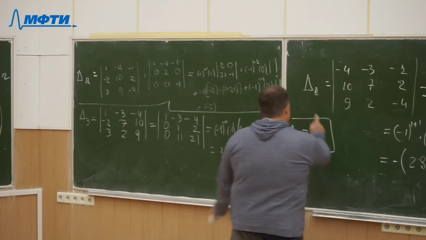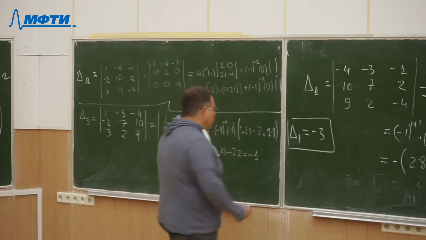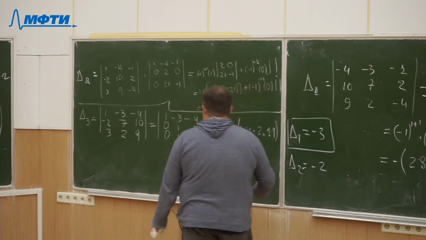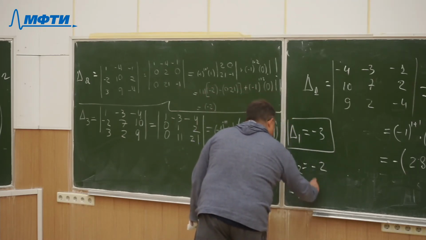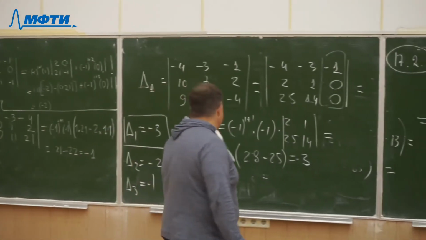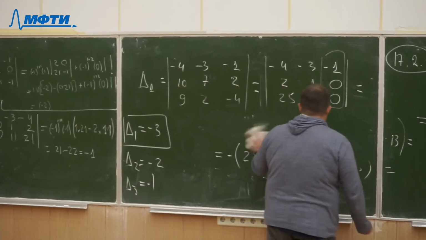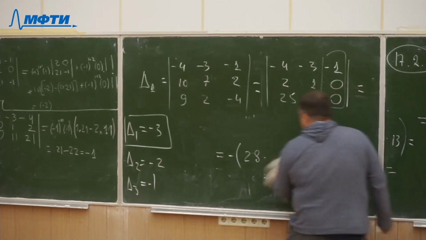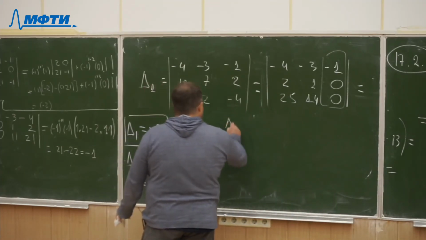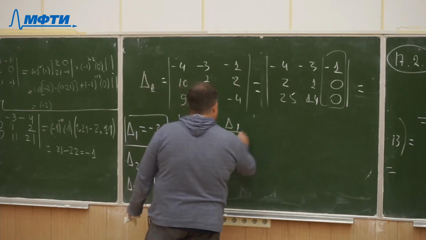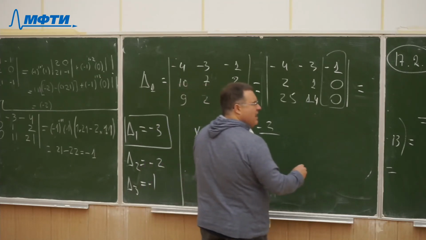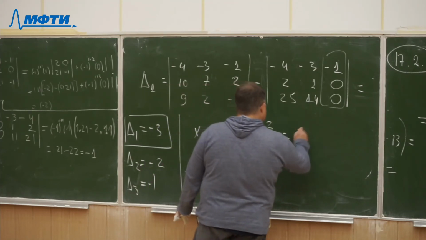We have delta sub 1 equals minus 3, delta sub 2 equals minus 2, delta sub 3 equals minus 1, and delta equals minus 1. Yes? So we can obtain the solution of this system of linear equations. X sub 1 equals delta sub 1 divided by delta equals minus 3 divided by minus 1 equals 3.